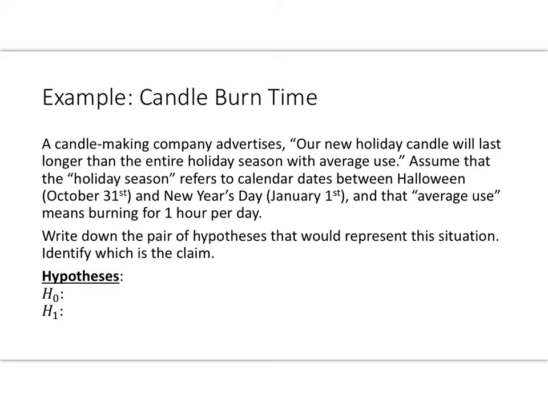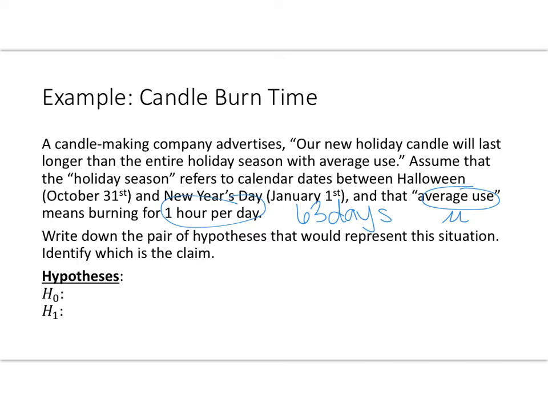So with the words average use, we're working with a mu, but we would have to count up how many days is between October the 31st and January 1st, and you should get 63 days. Well, if it's 63 days for only 1 hour per day, then that's 63 hours.